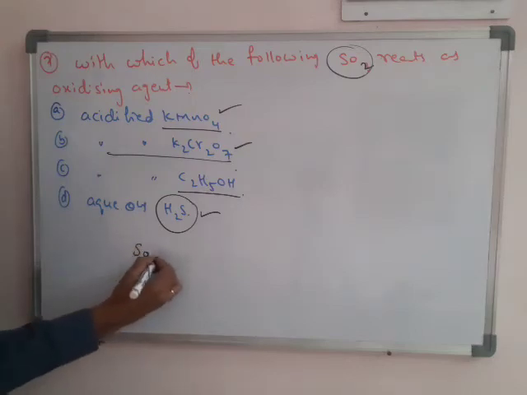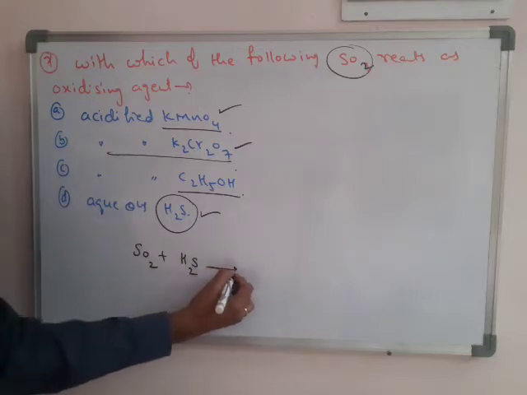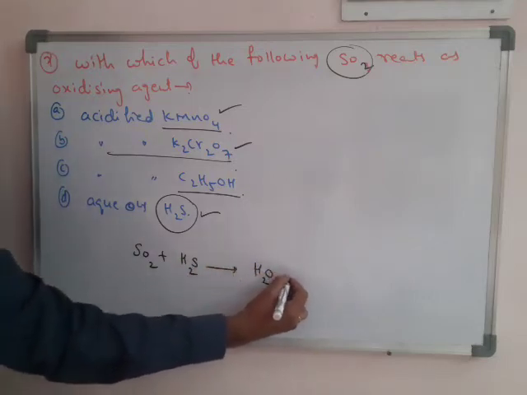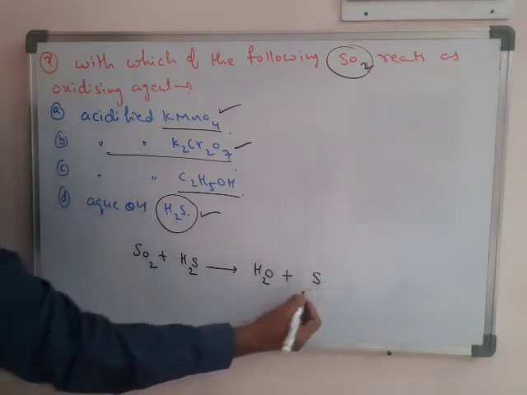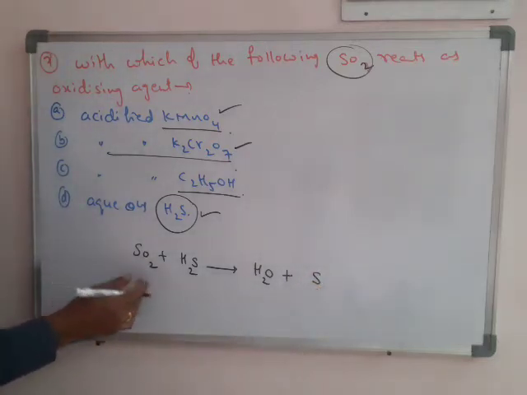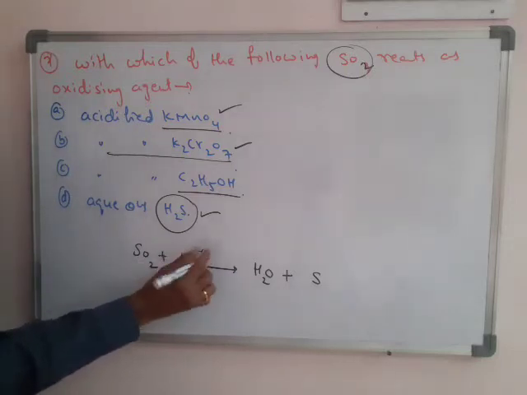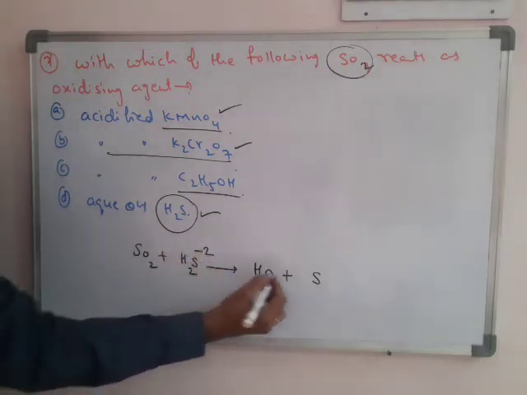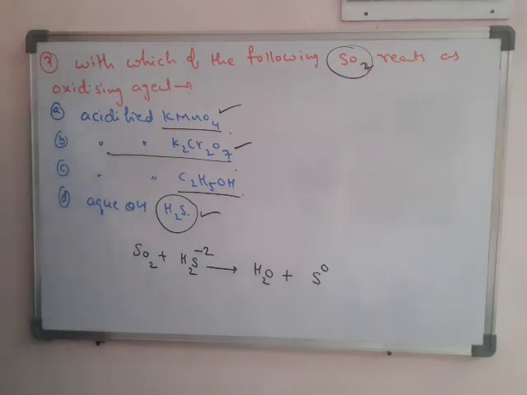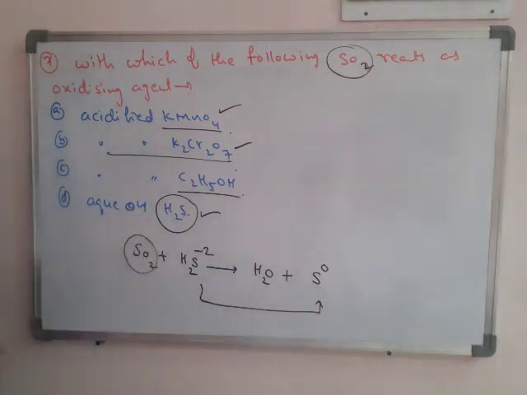So we have the reaction that SO2 when reacting with H2S, there is a formation of H2O and sulfur. Here SO2 on reacting with H2S, the sulfur S minus 2, the sulfide, is changed to sulfur, means it is oxidized from sulfide to sulfur by reacting with the SO2.